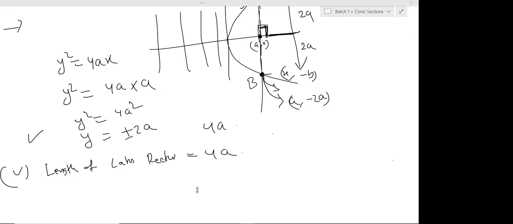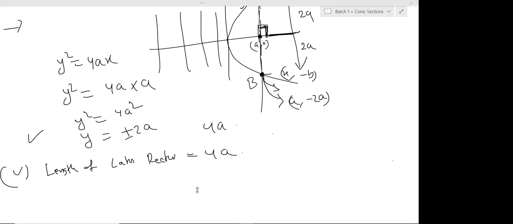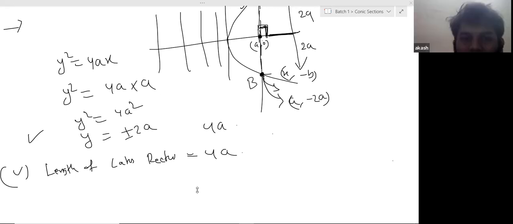Yes, Asma, you can type it out also. And what is the axis? Shavya, what is the axis of the parabola?